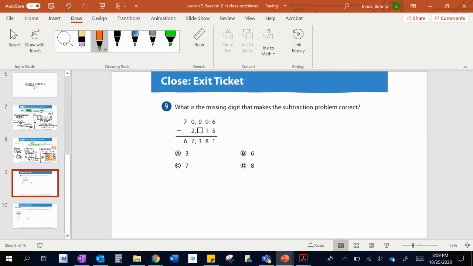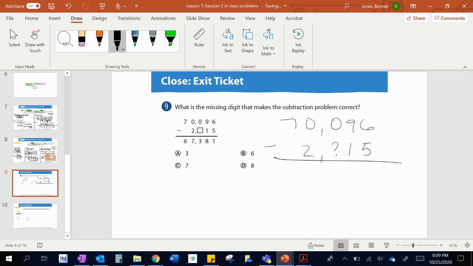All right, the next problem that we did was, what is the missing digit that makes the subtraction problem correct? I'm going to start this problem over here. So 70,096 minus 2,000-something-15.